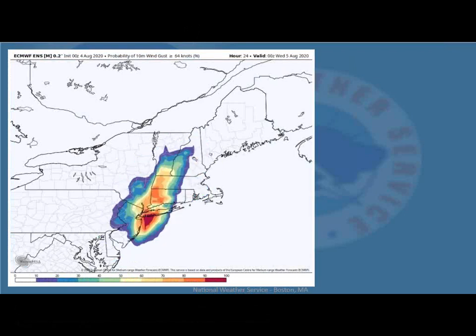And this is looking at the probability of wind gusts exceeding 64 knots. It is concerning that there is at least a 30 to 50% chance of seeing that kind of wind gust, especially towards the western zone. So we did try to emphasize in our messaging that some areas could see very damaging wind gusts.